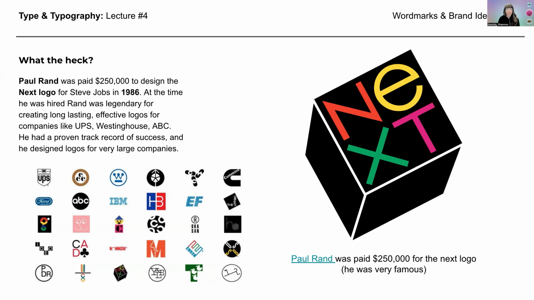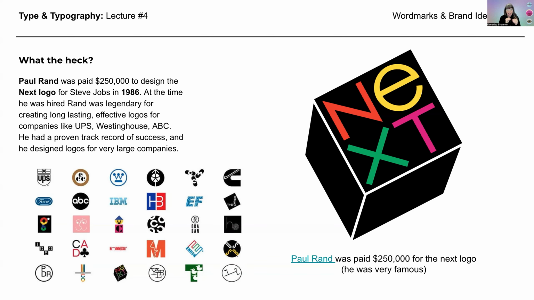And so NeXT was the business that Steve Jobs was starting when he left Apple for a brief while. So here we have a really big stakeholder, Steve Jobs, competing in a field where he's had tremendous success and made a lot of money. And you have Paul Rand, who holds similar esteem in the design world. So the two of these guys come together and they're like, $250,000 sounds reasonable.